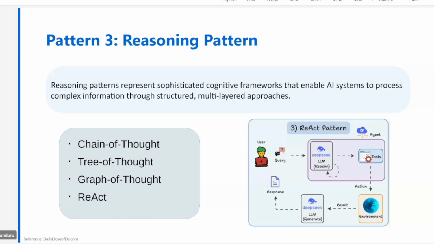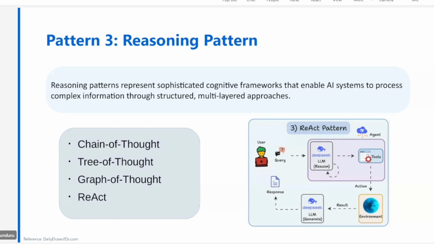Graph of thoughts is something which is not sequential. One node can have multiple edges, and it is connected to multiple agents. The agents will be collaborating in the form of a graph.